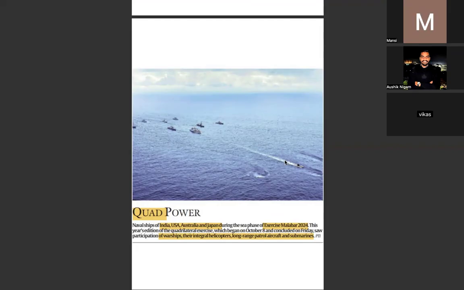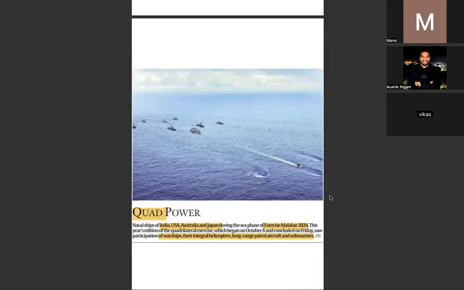Whether it is Quad or ASEAN, we aspire for a free and open Indo-Pacific region where the rules-based international order is followed. We are following and implementing multilateralism and dealing with unilateral and aggressive actions of China, be it in the nine-dash line, construction of artificial islands, or rising tensions in the Taiwan Strait.